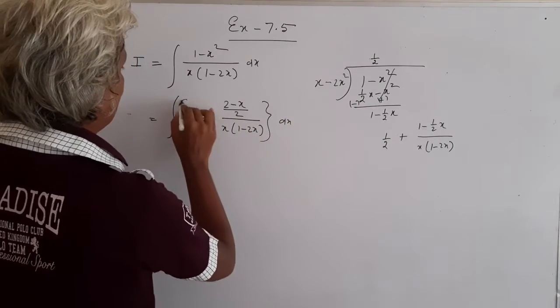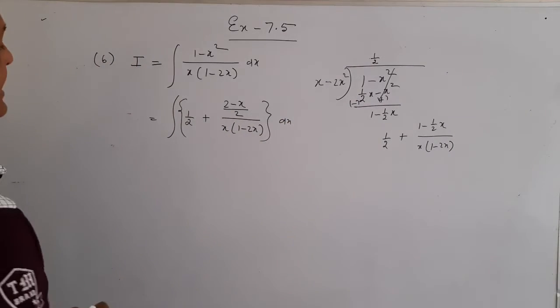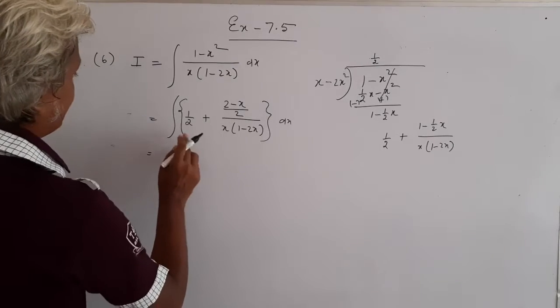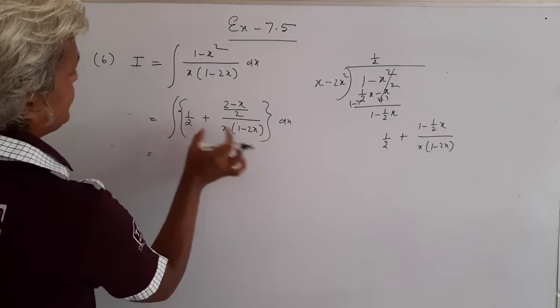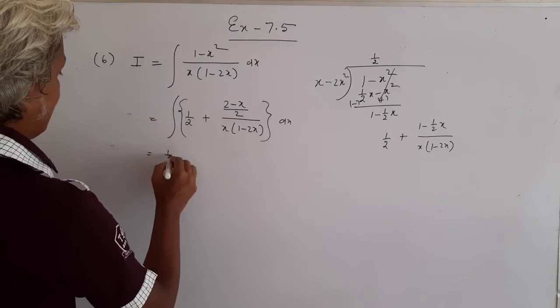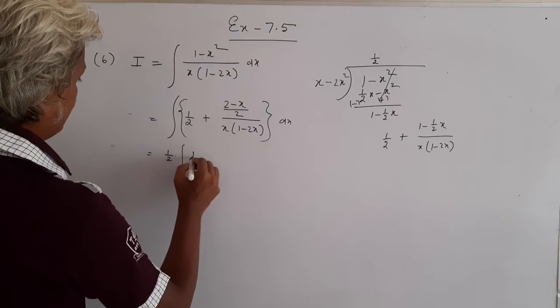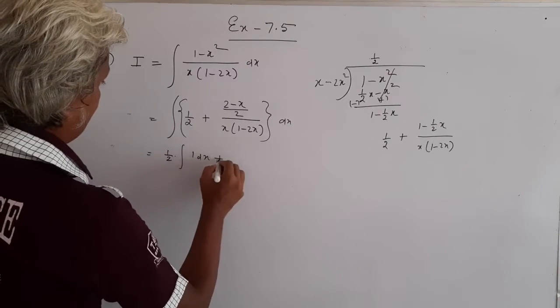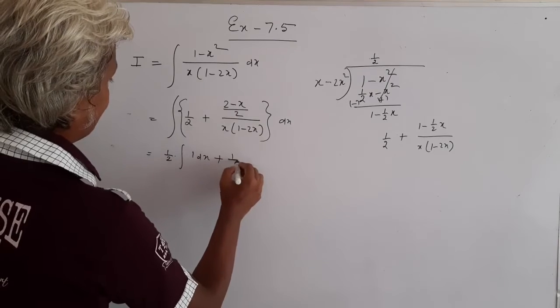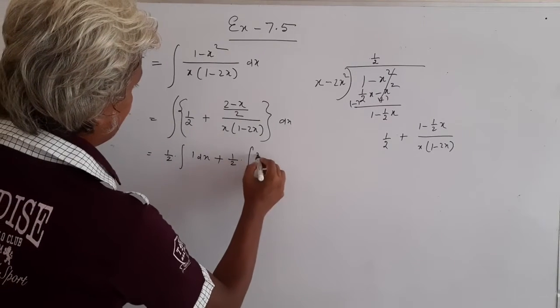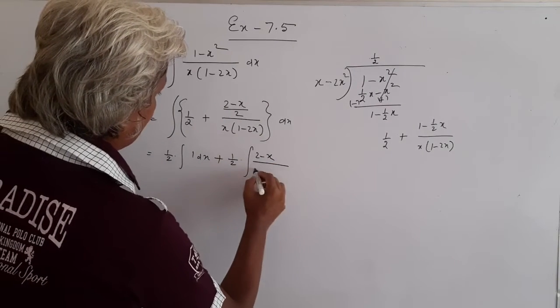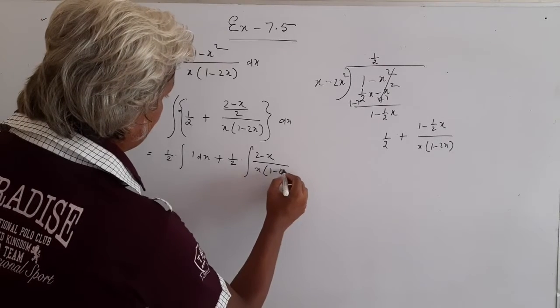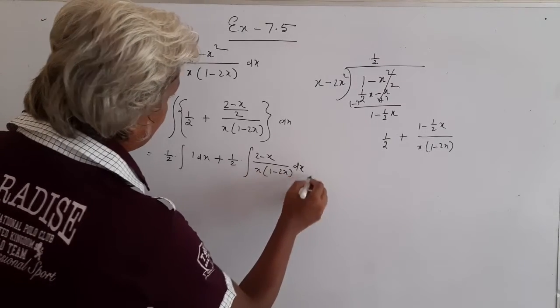This will all be treated as one expression for now. Now I can break this down as the integral of this plus the integral of this. There is half integration of 1 dx plus this 2, which I'll take outside, times the integral of (2 minus x) over x(1 minus 2x) dx.